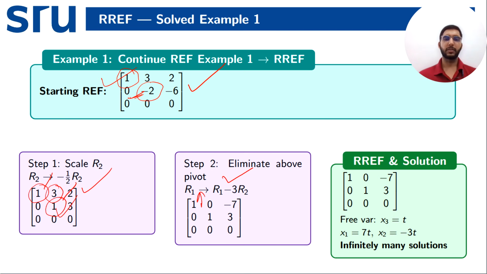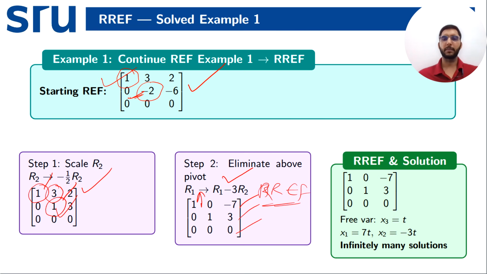So the first row becomes 1 0 -7, the second row is automatically 0 1 3, and this is 0. This form is RREF, and RREF is basically an extension of REF, because we reach RREF only when we have some row echelon form of the matrix.